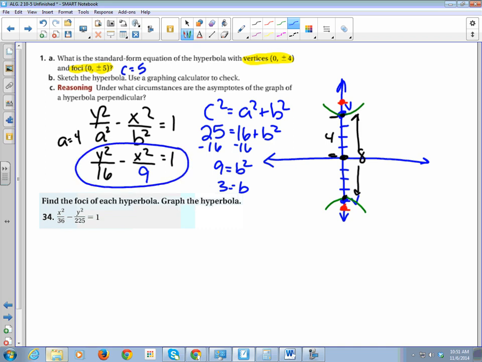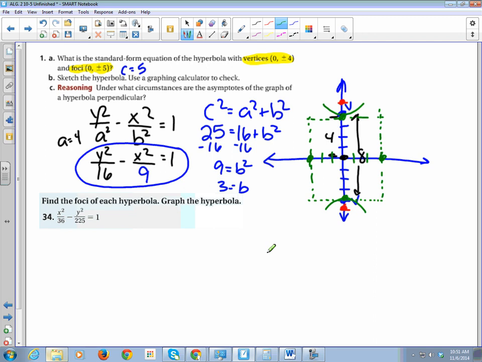And then one thing I like to do is I like to make the AB box. So if I know that b is equal to 3, so here, here, here, and here, I'm going to make a box to make my asymptotes easy to draw.